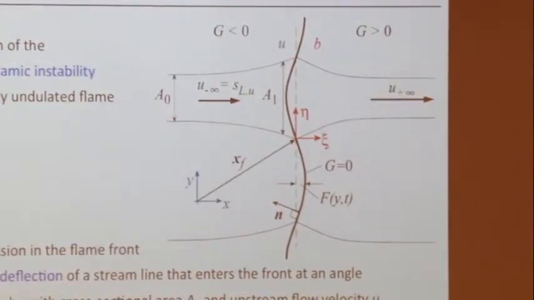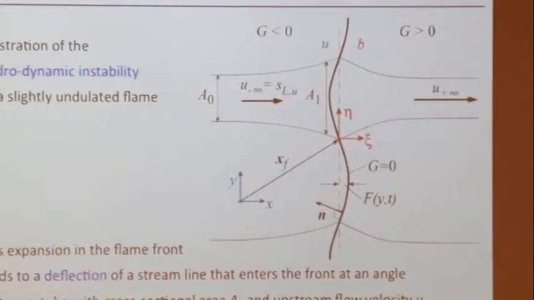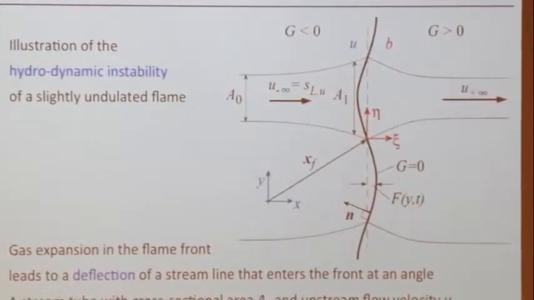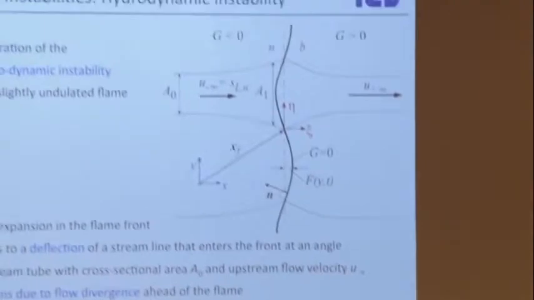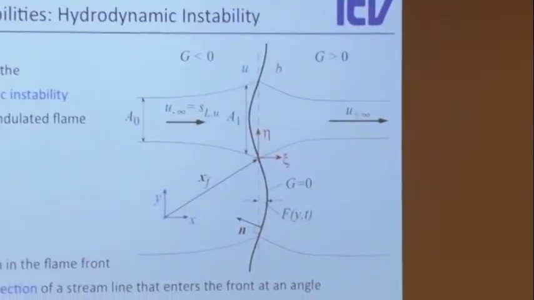Okay, so you see that if you start here, let's say with a stream tube, a certain volume of flow that comes towards the flame, because the streamlines are deflected, you see they go towards each other around this little corrugation of the flame, so you build up a pressure at that point. This pressure also will modify the flow ahead of the flame, so the streamlines diverge ahead of the flame.